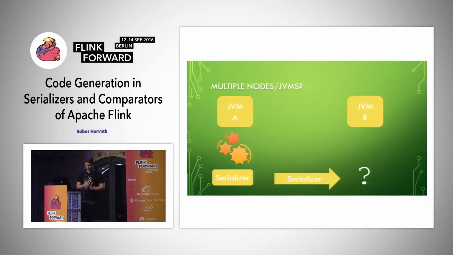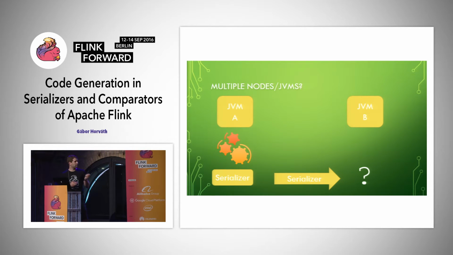The next challenge was what should happen when we have multiple nodes or JVMs. In big data applications, this is the case most of the time. So it's definitely a use case that is worth supporting.